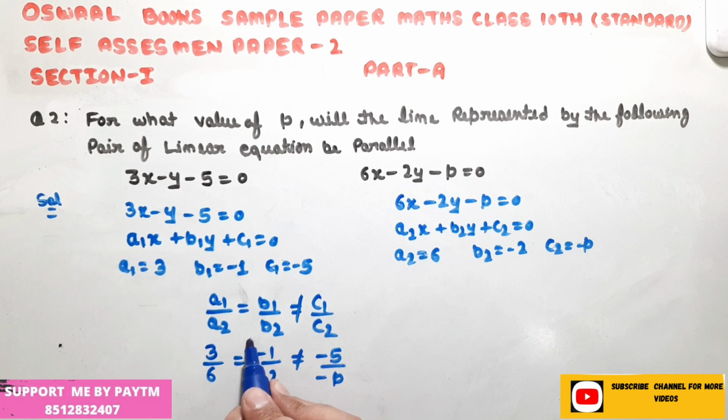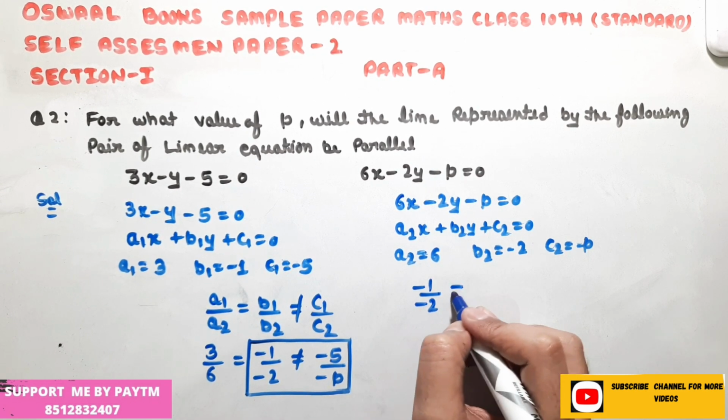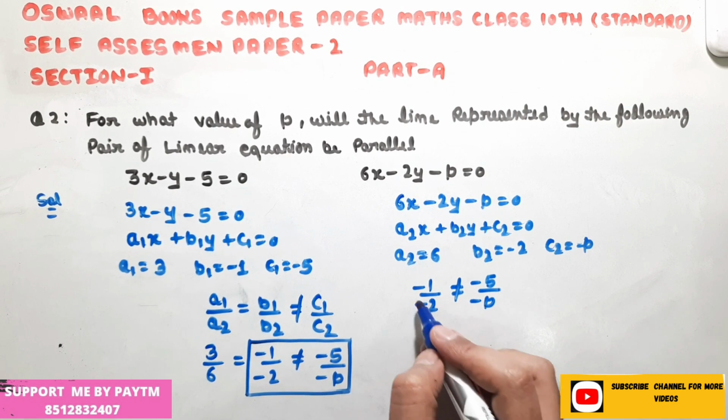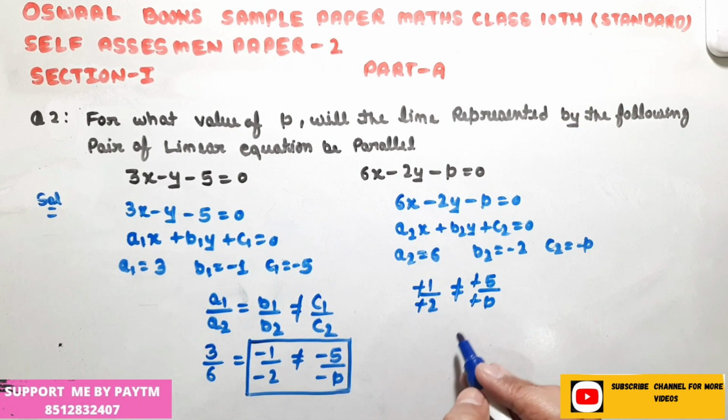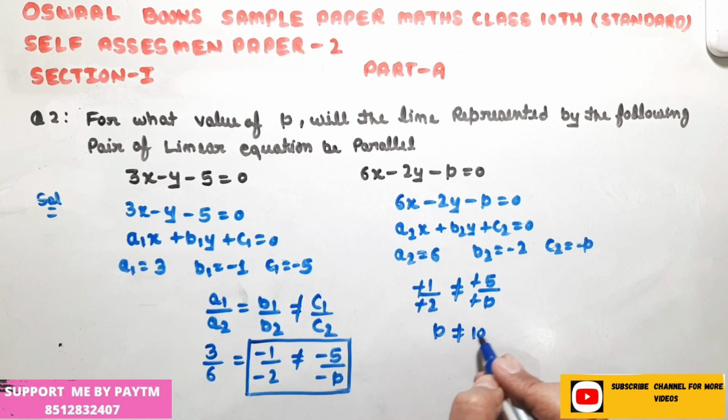Taking these two ratios, minus 1 upon minus 2 is not equal to minus 5 upon minus p. Minus will be cancelled out. So from here p is not equal to 10.